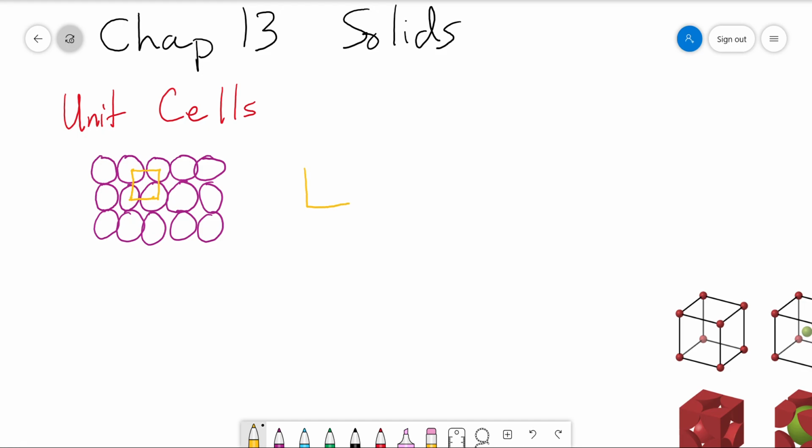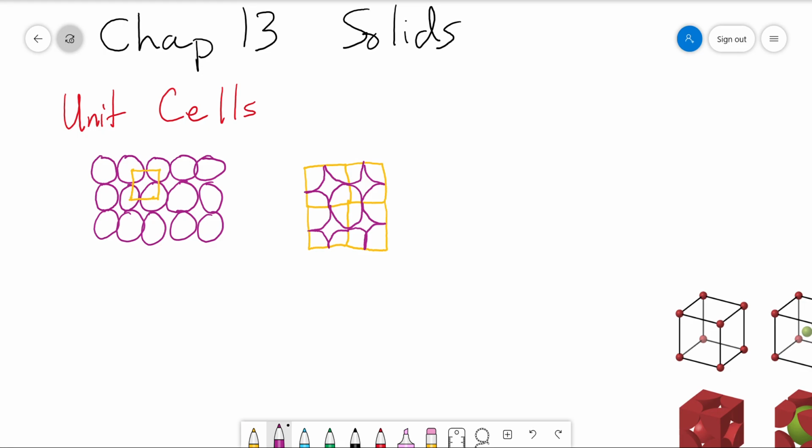So if I were to reproduce that unit cell over here, I think you can see that if I were to just keep drawing these, I'm going to reproduce, not exactly, but you know what I mean, that array that I've drawn over there of those pennies and the way they've been stacked. Okay, that's terrible drawing, but oh well. You only have to deal with me for one more week, all right? So that is the unit cell.